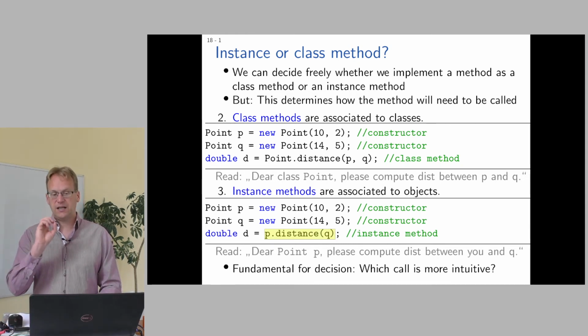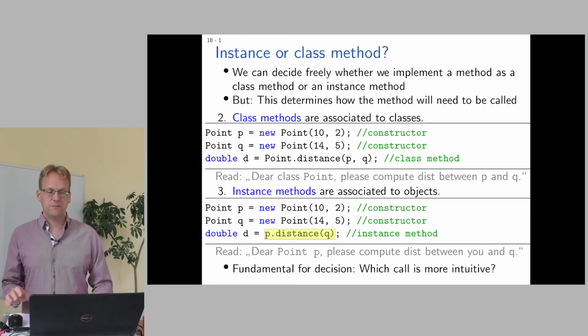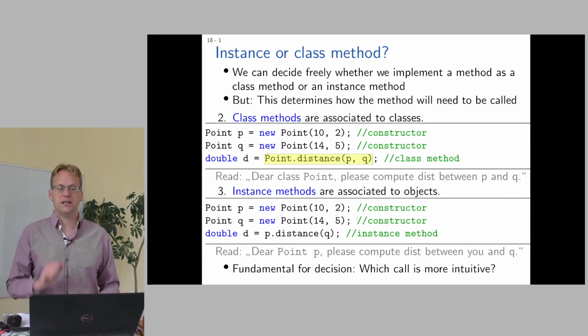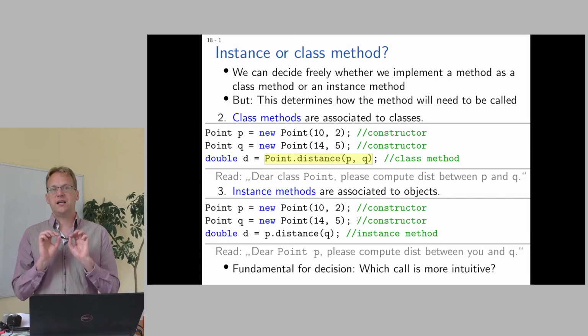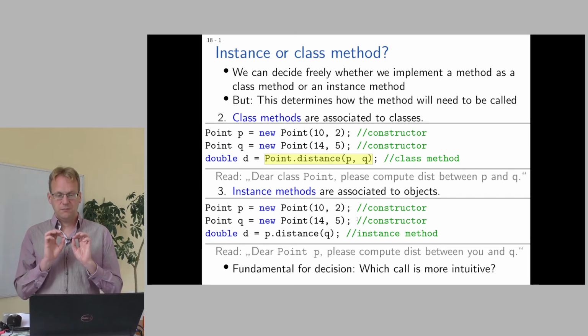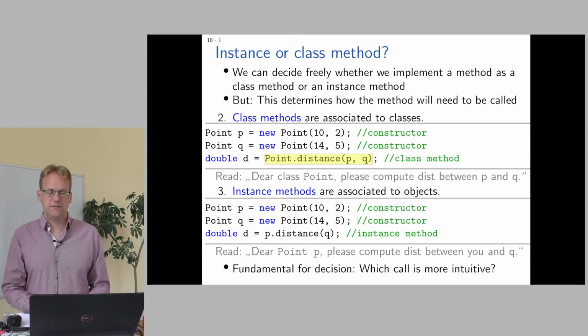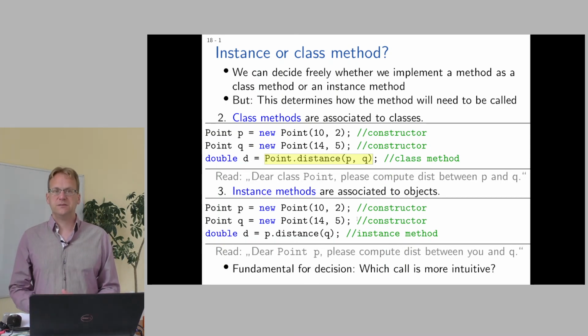Here I'm asking this point P to compute the distance to some other point Q. But what I could also do is implement distance as a class method within my class Point. And here I would ask the class Point, please compute the distance between these 2 points that I'm providing here. And that is what I show next, how to implement such a class method.